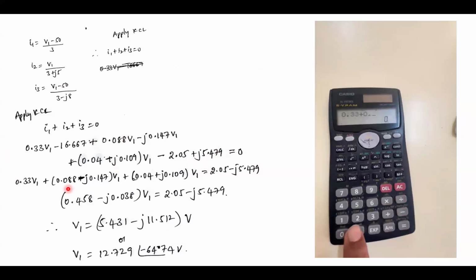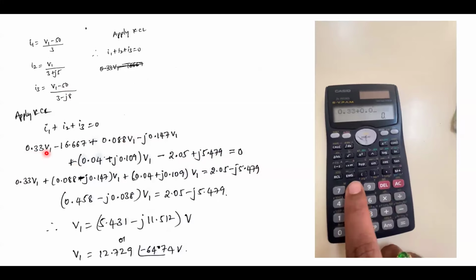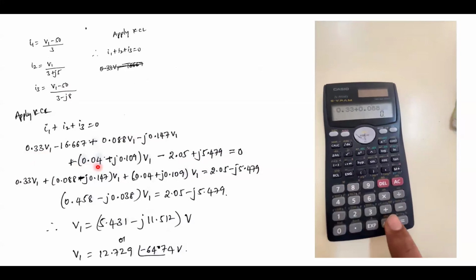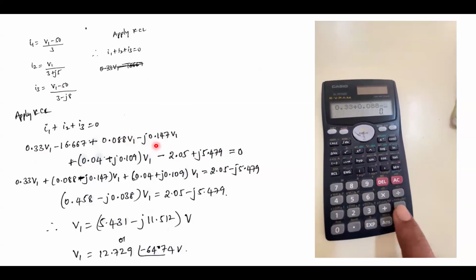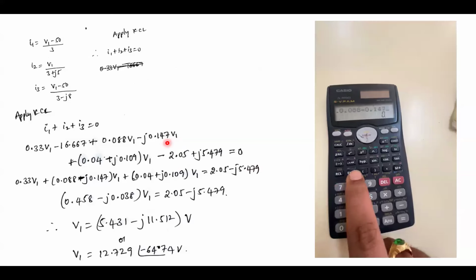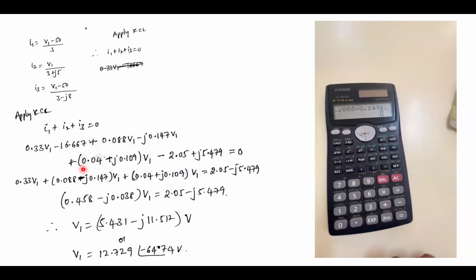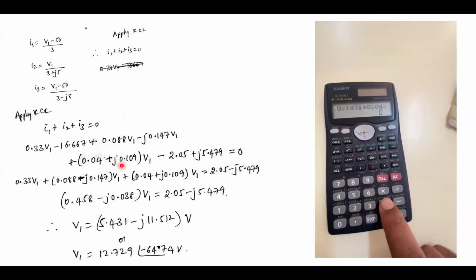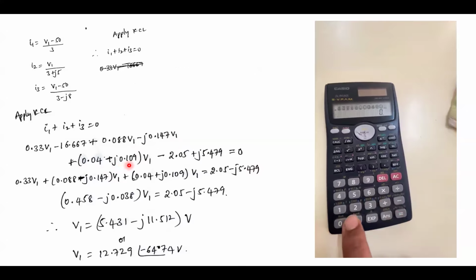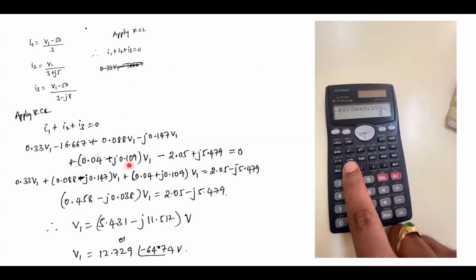I am separating the V1 terms, that is 0.33 V1 plus 0.088 V1 minus 0.147 I V1. The same thing I am entering into the calculator, and plus 0.04 V1 plus 0.109 I into V1.